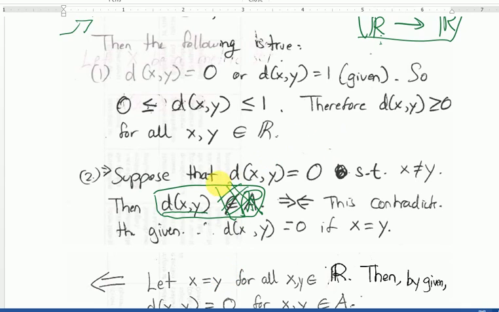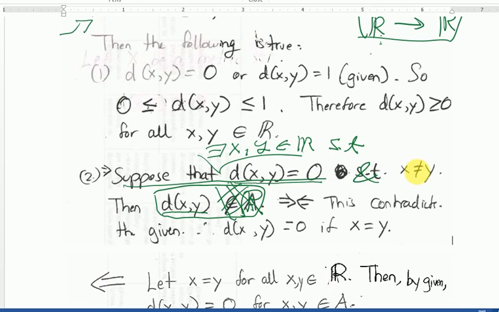So how can you say that? Suppose there is a very specific x and y in R, right? Such that d(x, y) is 0, but x is not equal to y.